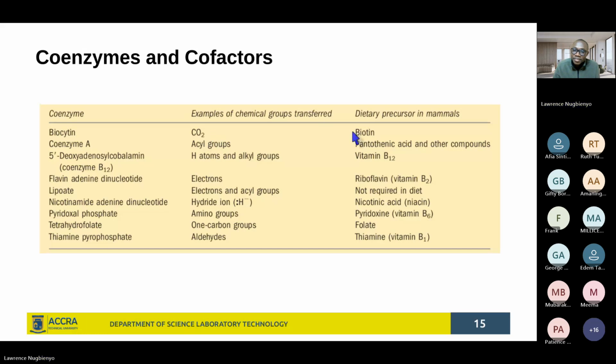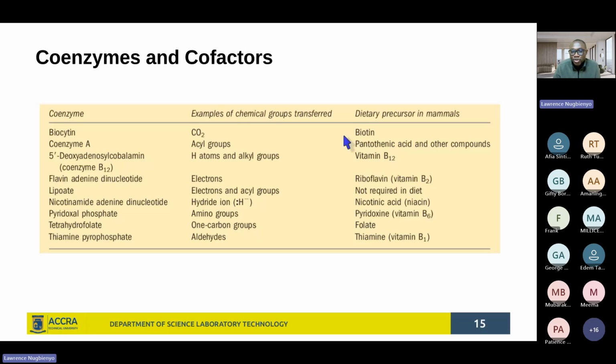And what is the dietary precursor? What it means, dietary precursor, is the vitamin that serves as a precursor to biocytin. In other words, the vitamin which is being consumed, the vitamin that you consume from food, is an inactive form of the coenzyme.